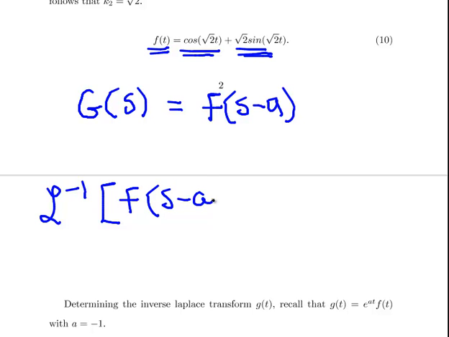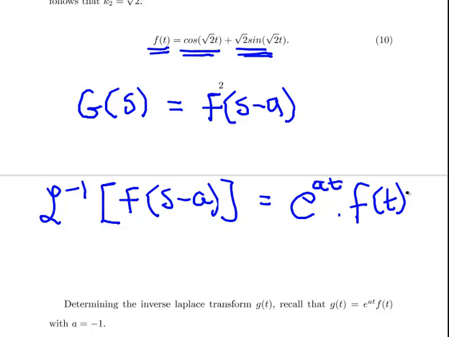I mentioned it briefly, but I'm going to be a bit more explicit about it now. This is e to the power at times f of t. Now, we have f of t up here, and we also know e to the power of at, because remember we said we're going to make this s plus 1. G of s is structured in this form here, F of s plus 1.